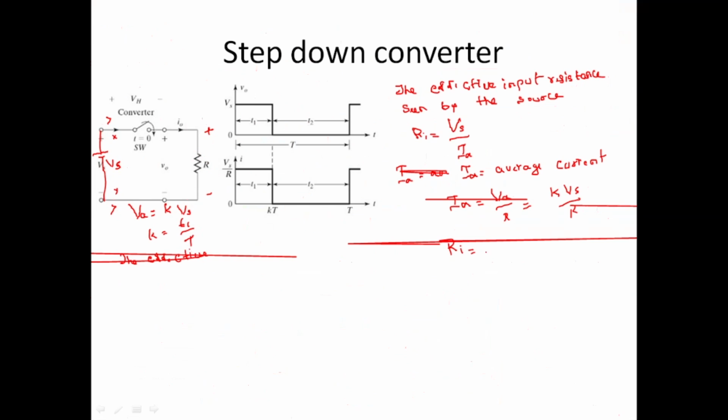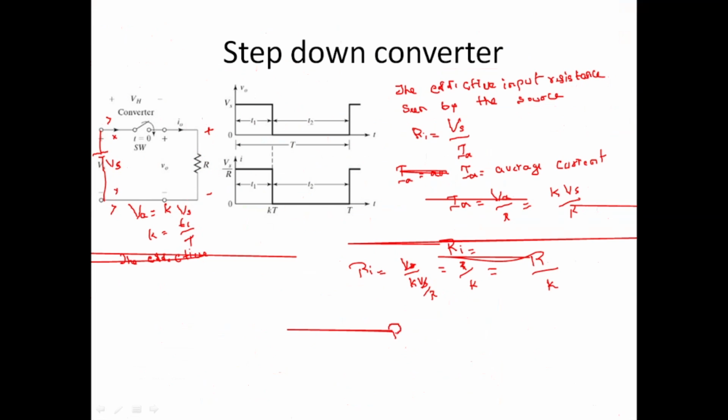Ri is nothing but Vs divided by IA. IA is nothing but VA by R. VA by R is K into Vs divided by R. R cancel each other. Vs cancel each other. So R by K. So effective resistance seen by the source is R by K.